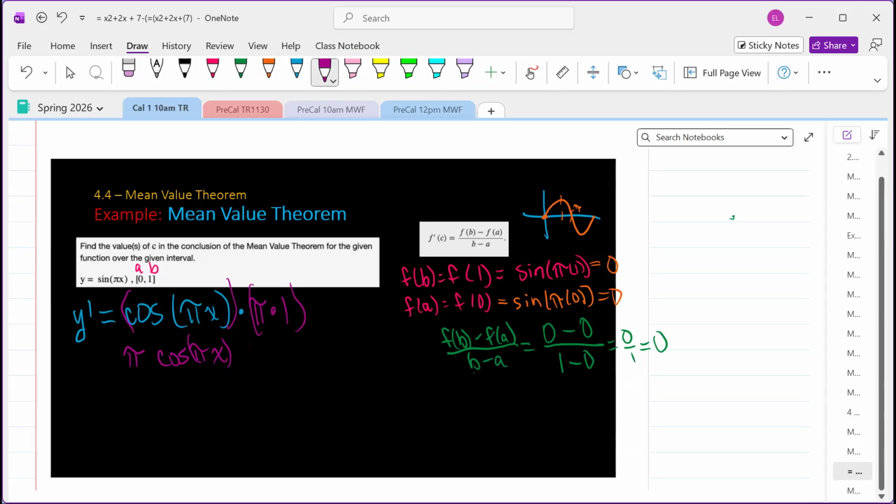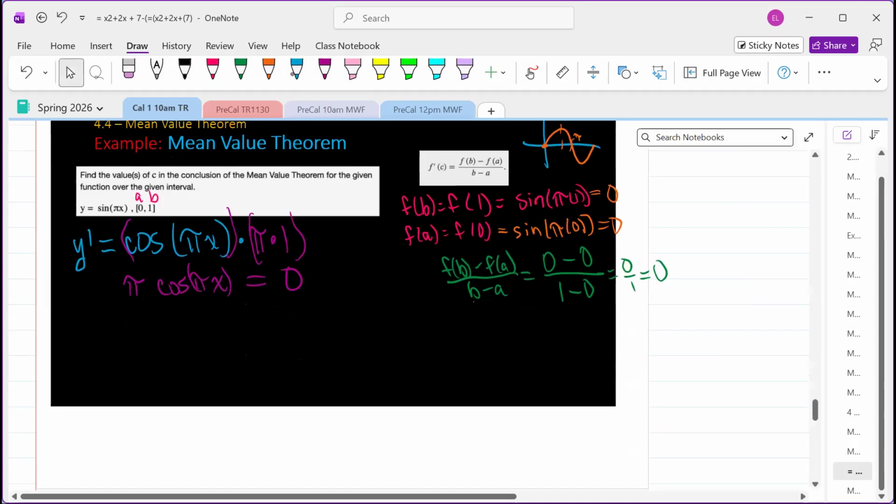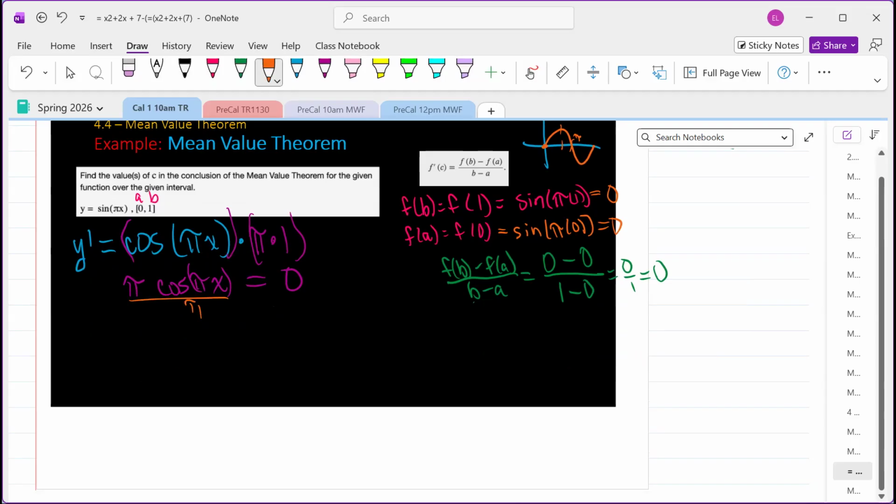And this is what I'm going to set equal to 0. So now I'm going to divide by that pi that was on the outside. So I have cosine of pi x equals 0.